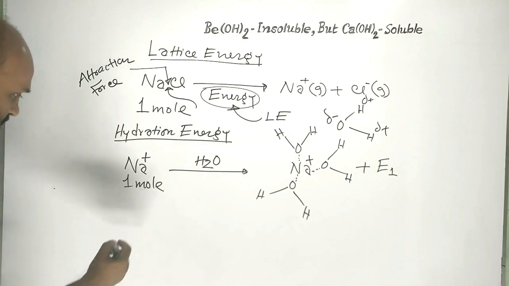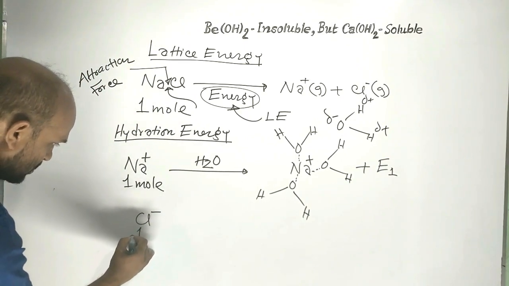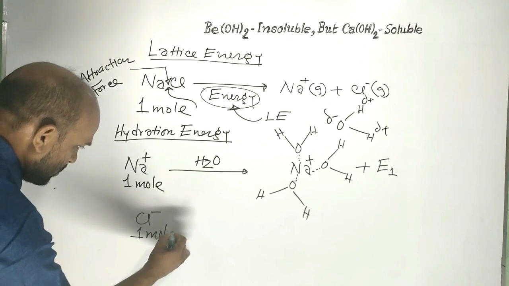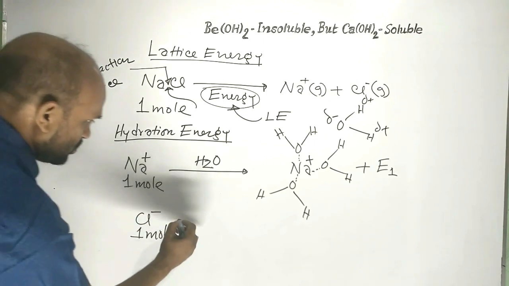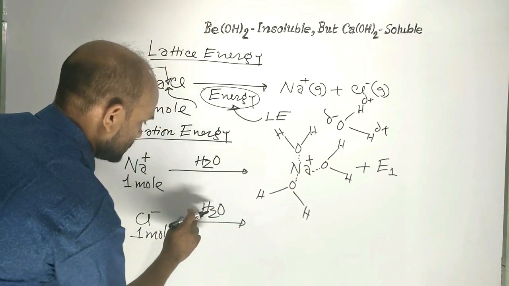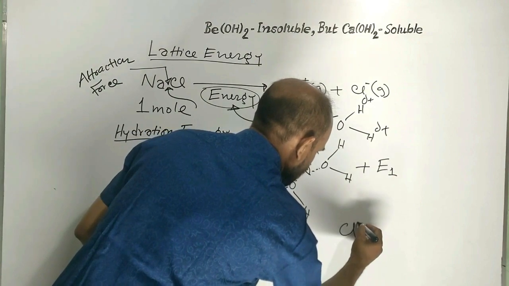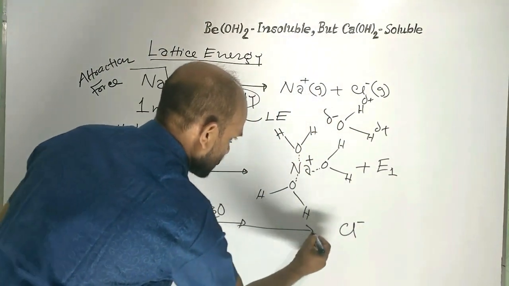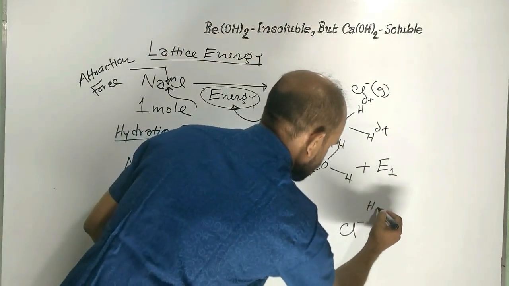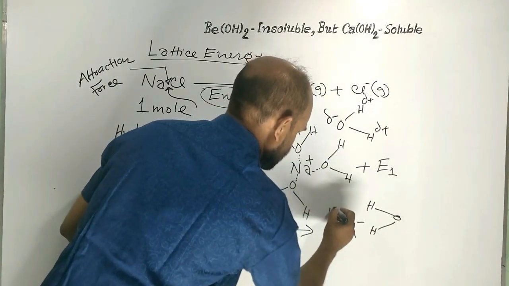Again, suppose chloride ion, 1 mole ions here. When it is dissolved in water, then chloride ion will be surrounded by positive end of water in this way.